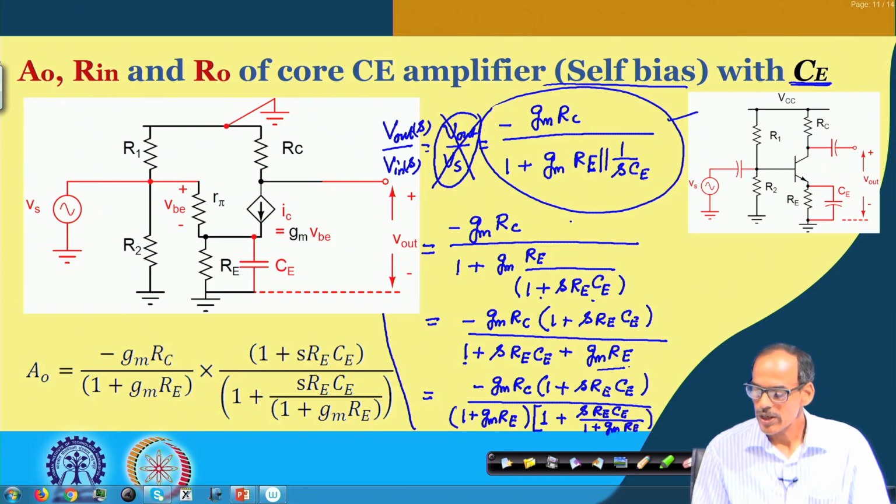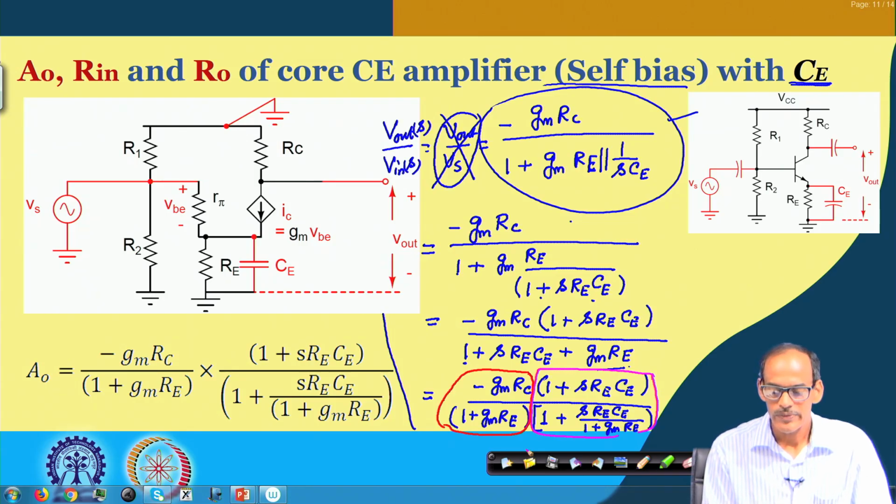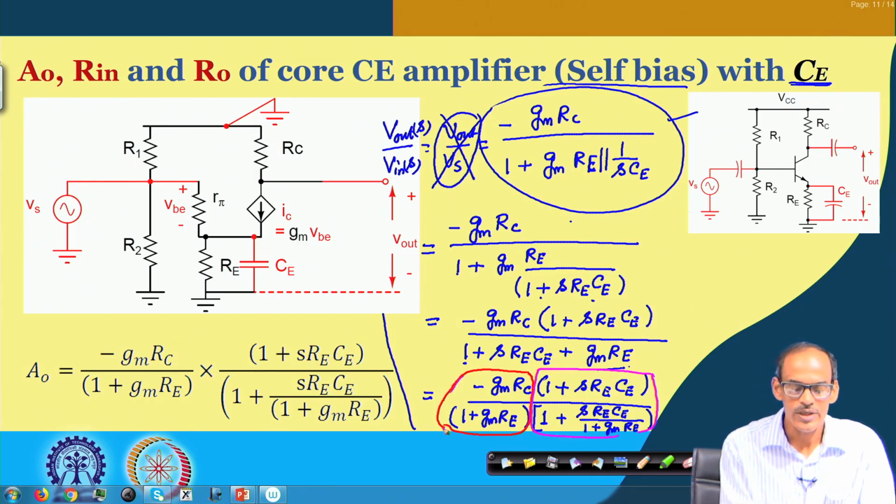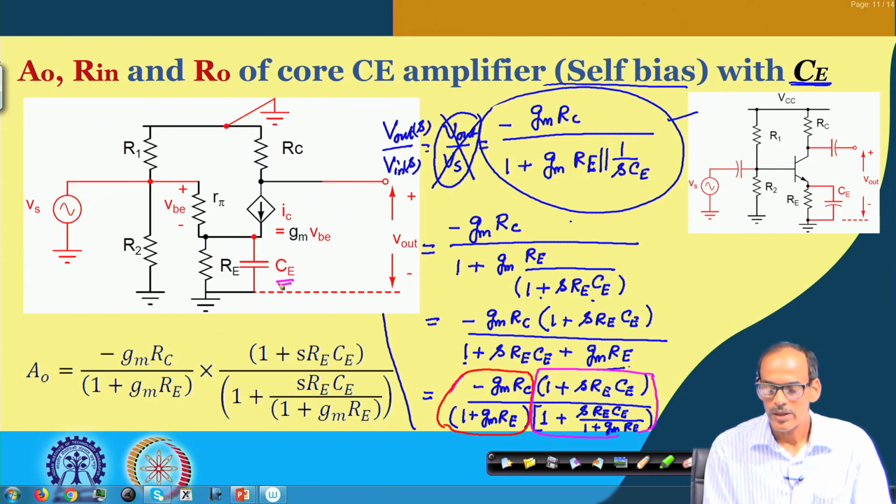So, what we have here is one part which is independent of S, independent of the frequency, and then the other part, which is dependent on frequency. In fact, this part is the same as the previous case when the Ce was not there, and due to the Ce we have this additional part.